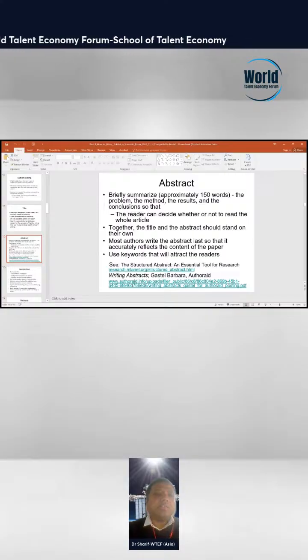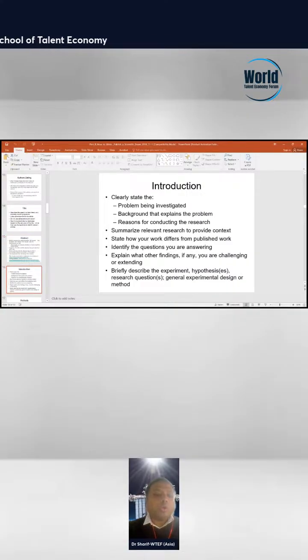An abstract is a brief summary of around 150 words covering the problem, the method, the results, and the consequences. Together, the title and the abstract should stand on their own. So when we write our introduction, the problem being investigated, we have to clarify the background that explains the problem; the reason for conducting the research is very important.